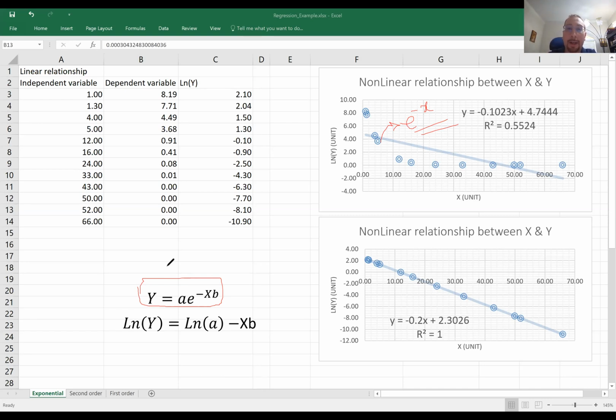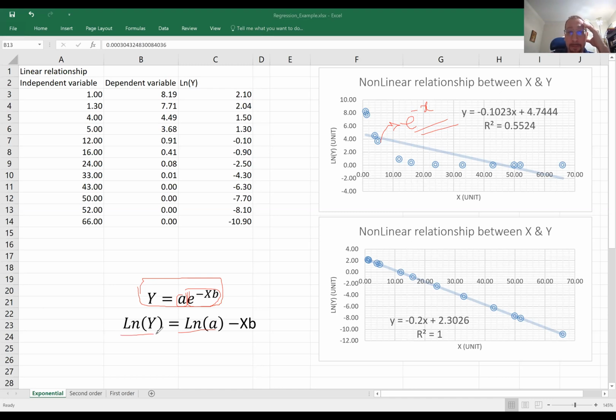What do I do? I calculate the natural log of both sides. On the left side, I get the natural log of y, and the natural log of a product is equal to the sum of the natural logs. So the sum of the natural log of this and the natural log of this. That's the natural log of A, and the natural log of this is just minus x times b, because natural log is the inverse of the exponential function.